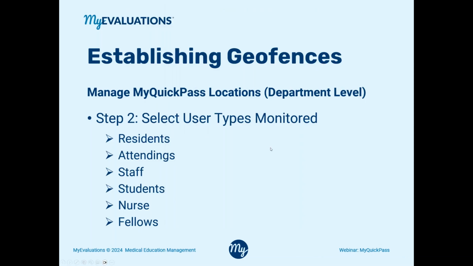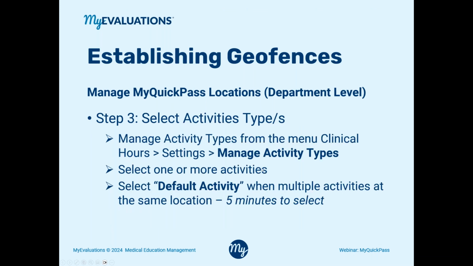So the next step after selecting the user types is to select the activity types. Because the MyQuickPass entry and exit is tied to duty hours, we have to establish what activity types we are tracking.